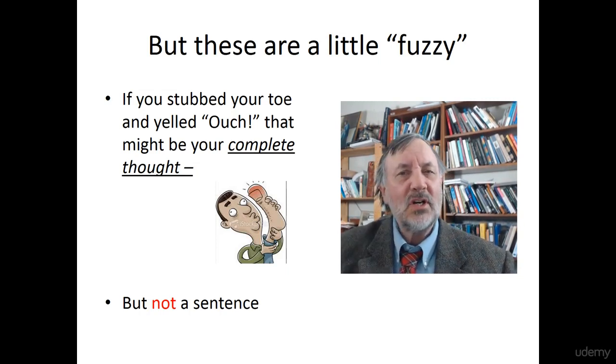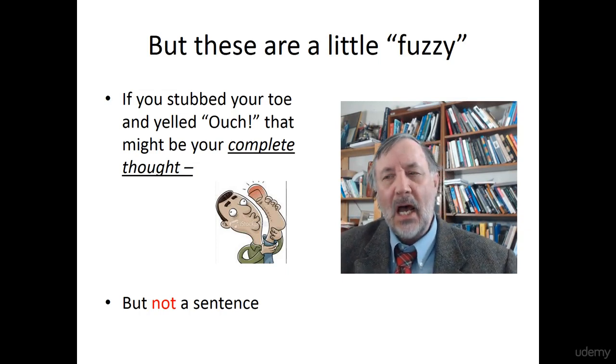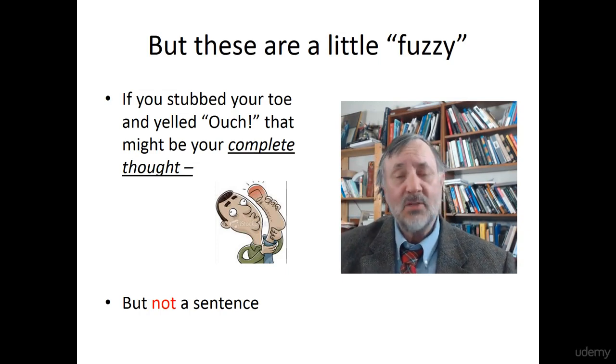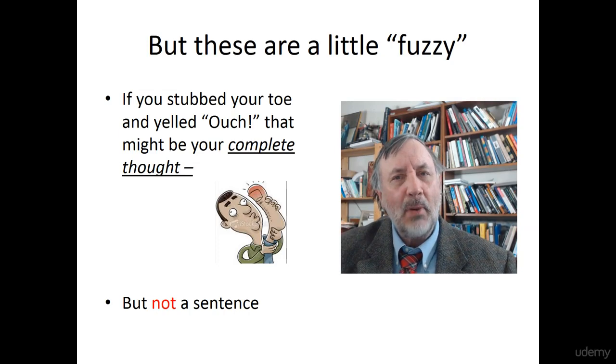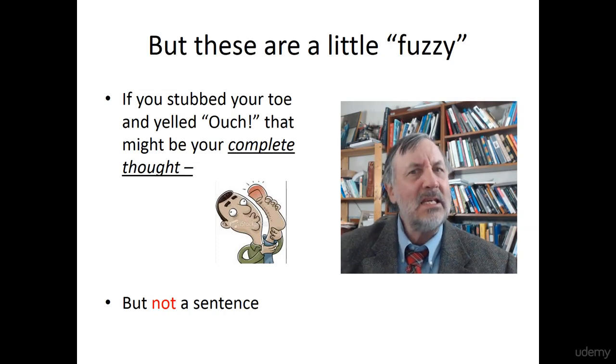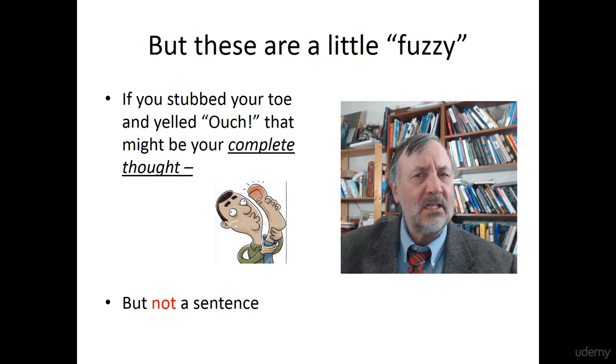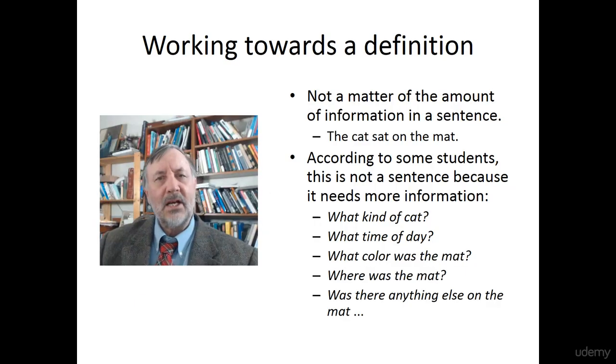If someone were to step on your toe and you yelled, ouch, you could argue that's a sentence because it's your complete thought at the moment. You don't think anything else. But it's not a sentence. So we need some other type of definition for what a sentence is, and that's what we're going to get at. In another way, the question of a complete thought fails us as a definition of a sentence.